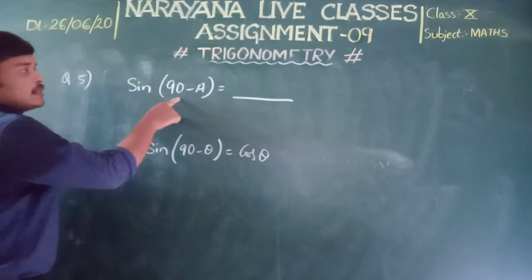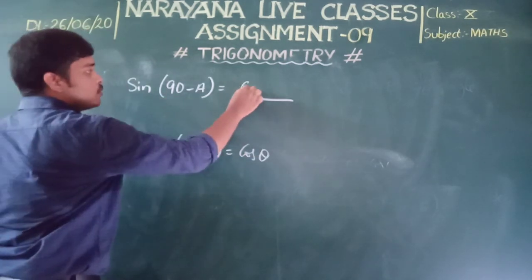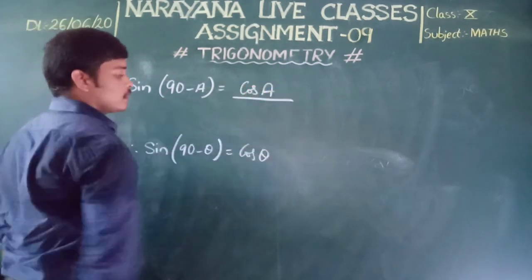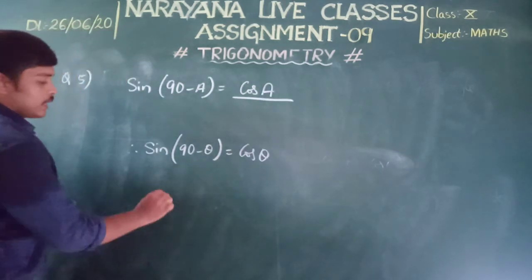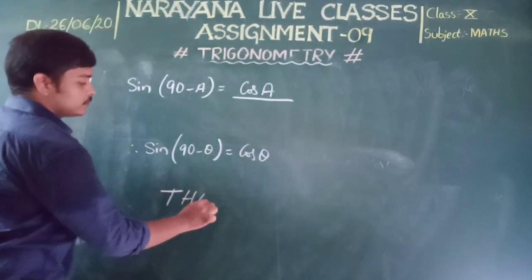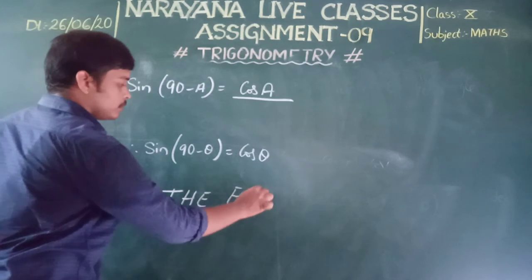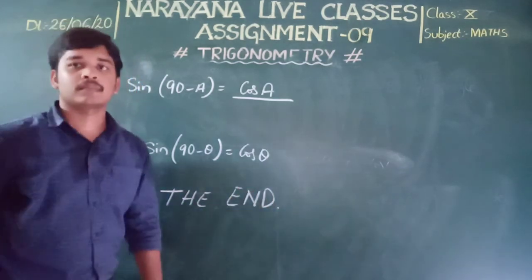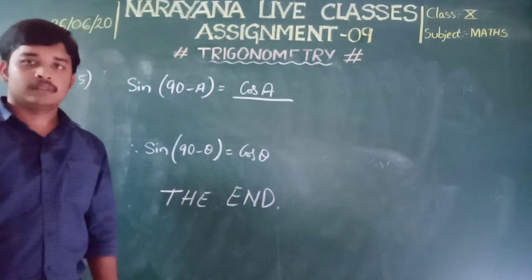In the same way, sin (90 minus A) is equal to cos A. Now the assignment is ended. Thank you, students.